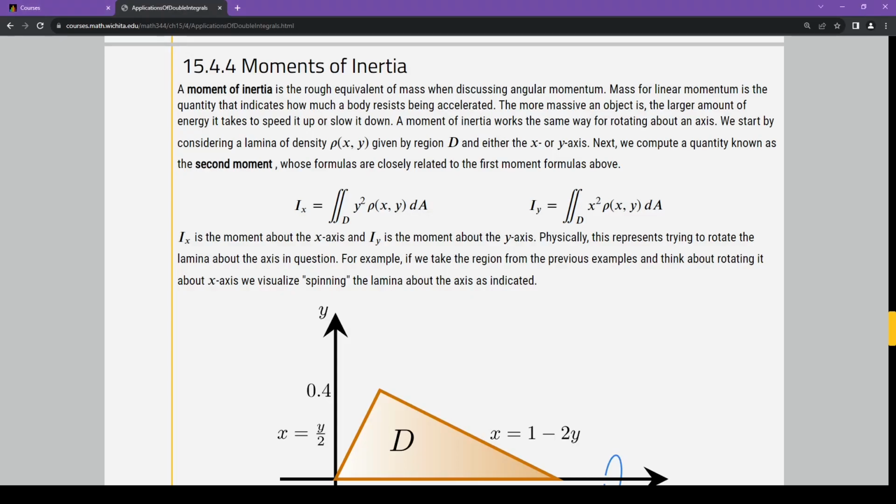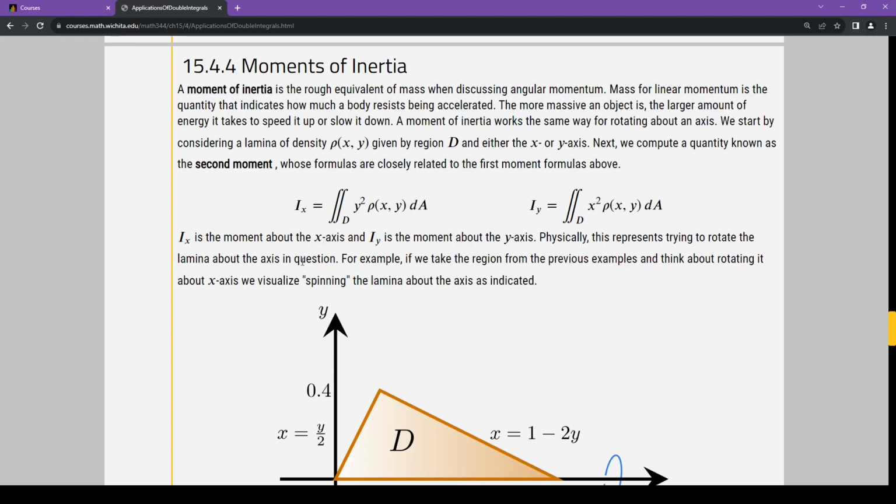Okay. In addition to talking about center of mass, and we've talked about how that looks from the perspective of the physical interpretation of balance, and where the center of mass is and how we interpret that, there's another related idea called the moment of inertia.